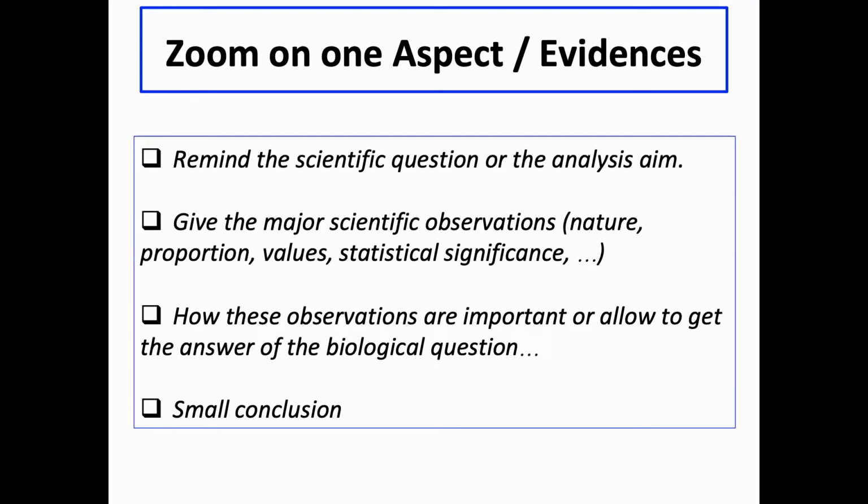The value 300, and the range of e-value it's between -100 to -80 or something like that, of the statistical significance. So you just give the major or the main point of your observation, and then how these observations are important and allow to get the answer of the biological question. And then, of course, the small conclusion at the end.